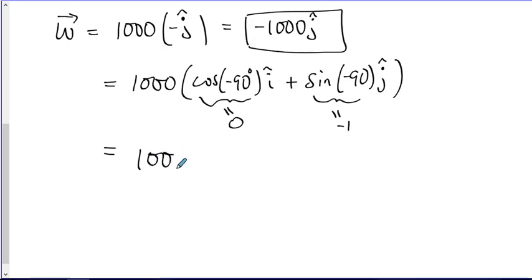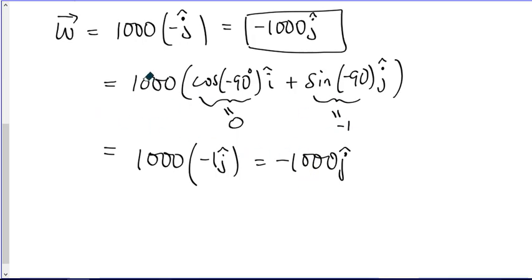So that fits with what was given earlier, negative 1,000 j, right? That's a way to see in two-dimensional space an angle and magnitude for that weight vector.